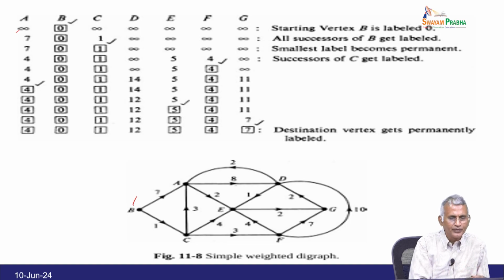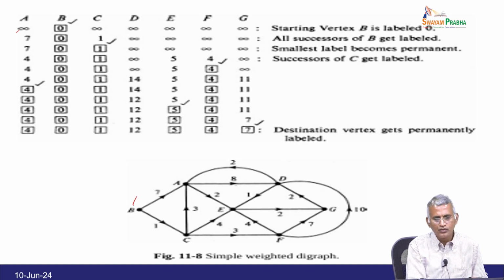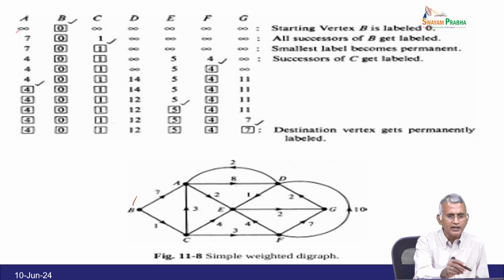The smallest label becomes permanent, and the successors of B get labeled: B to C, B to D, B to E, B to F, like that you have to do.